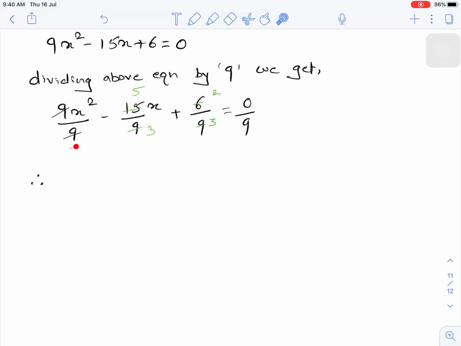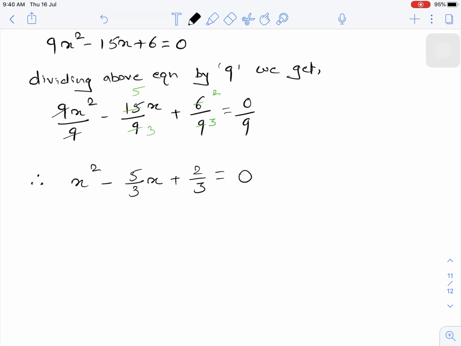So now this 9 and 9 are cancelled, so we will have x square minus 5 upon 3x plus 2 upon 3 equals to, now this 0 upon 9 will be equal to 0. Up till here I think it must be clear to you.